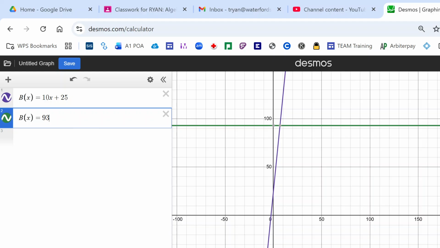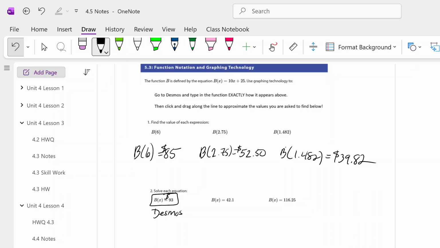All we're looking for is when this purple line will be equal to 93. We're really looking for an intersection point. And look at that. You'll have to use 6.8 gigabytes in order for it to cost $93. So we get x equals 6.8 because that's where we found an intersection.